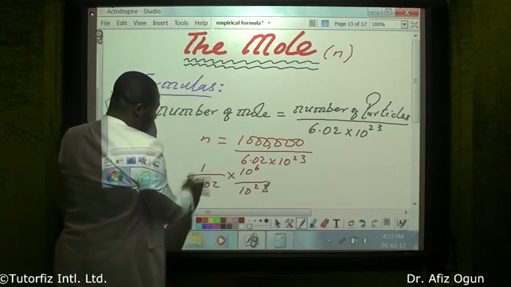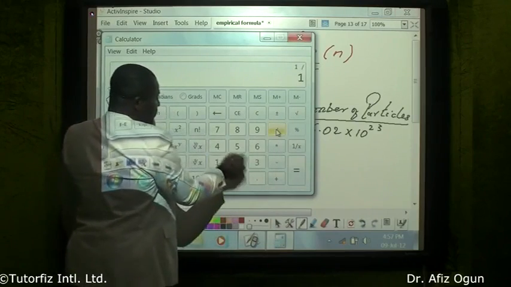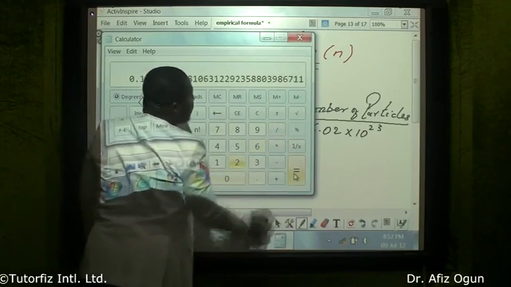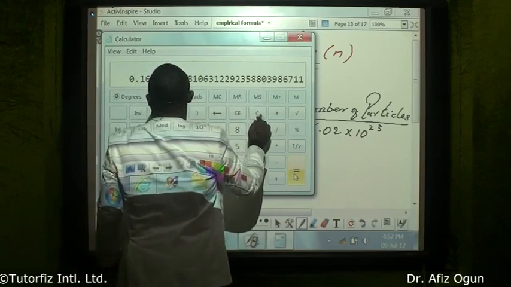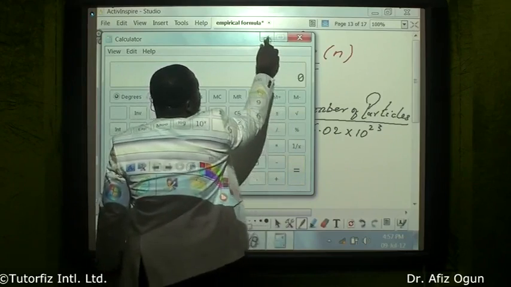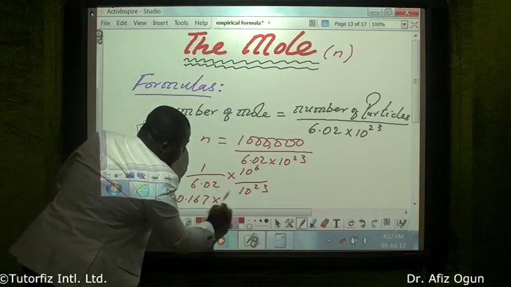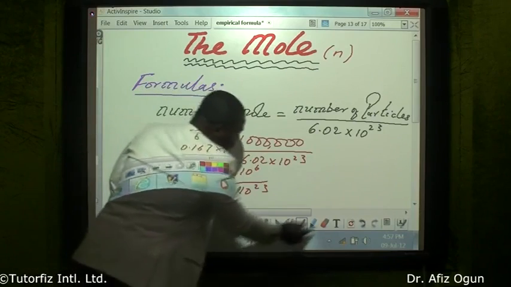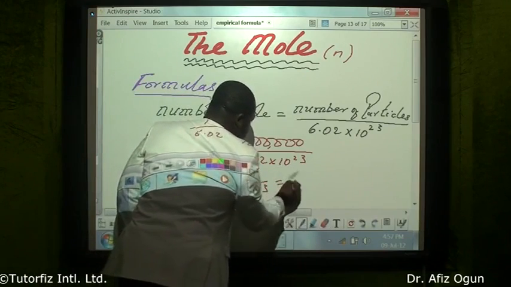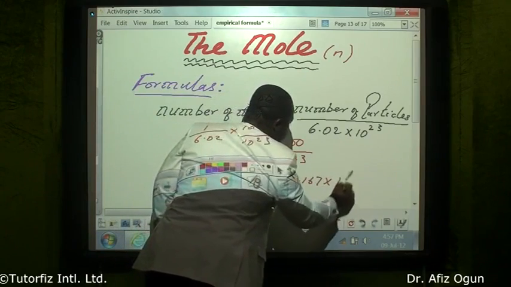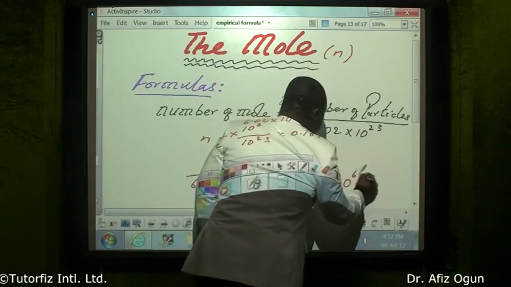So I have 1 divided by 6.02, which gives 0.167. So 0.167 times 10 raised to power, this 6 is up, this is down, it becomes 6 minus 23.